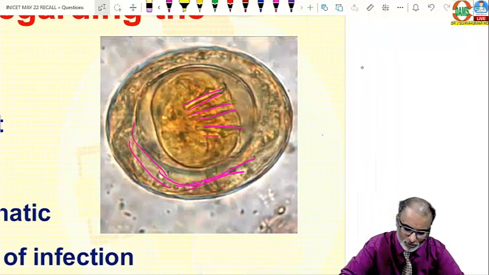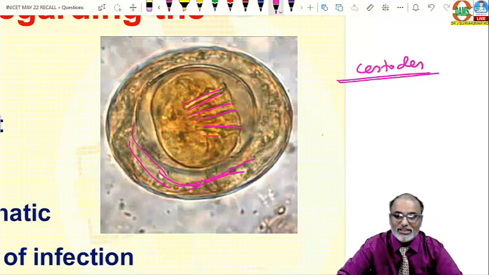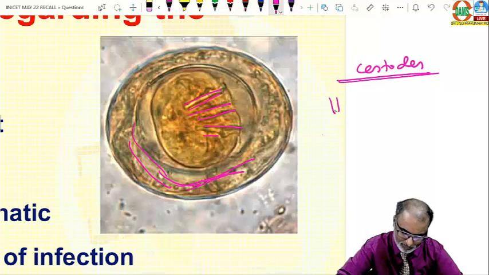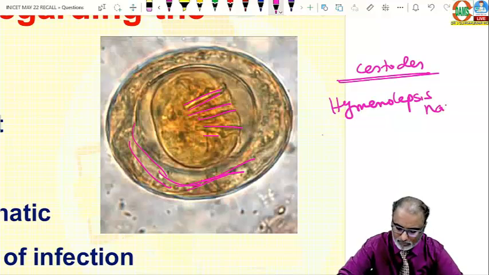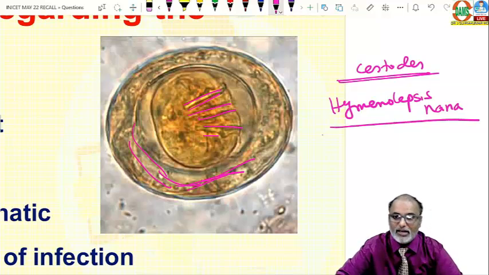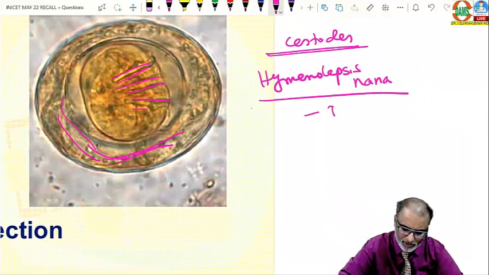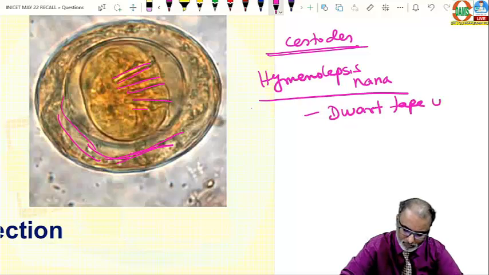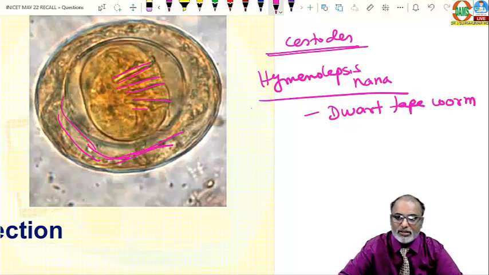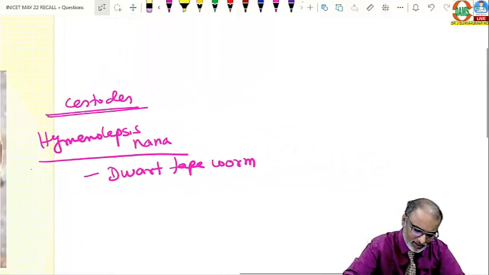A hexacanth egg means a cestode, and the filamentous structures are suggestive of Hymenolepis nana, otherwise called the dwarf tapeworm.